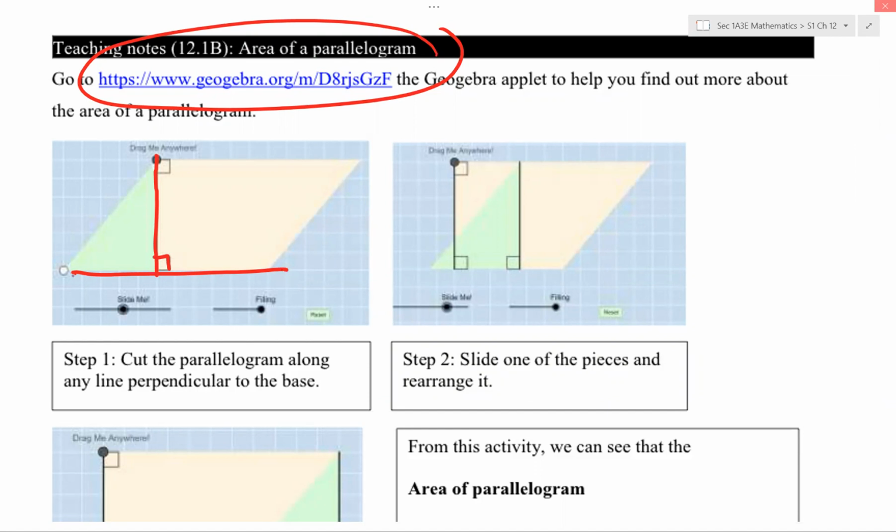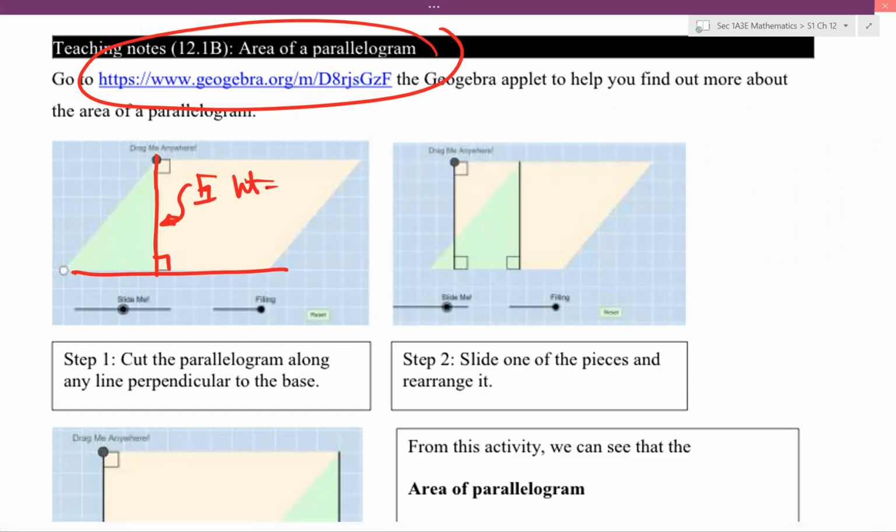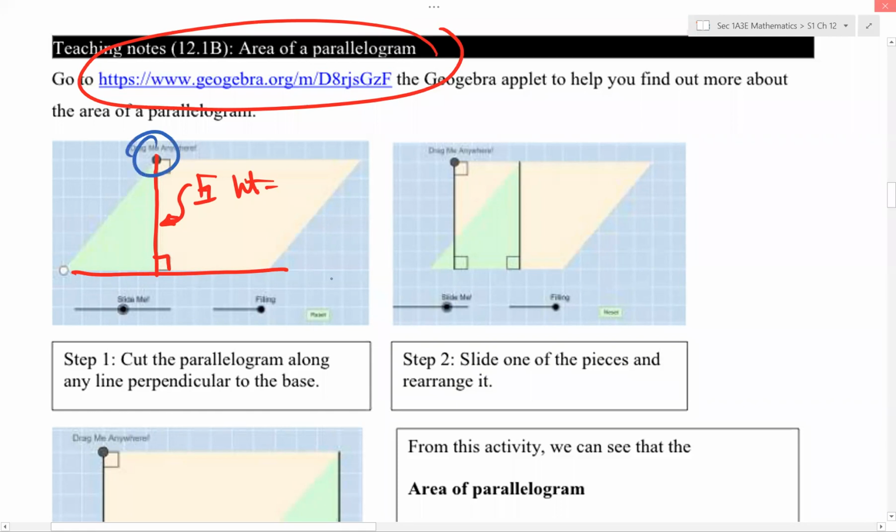Now, if I choose the horizontal as the base, this is my perpendicular height. Same thing. Once you decide where the base is, the opposite point that is not being used, in this case, we have 2 points. We have 1 point over here, we've got 1 point over here. You can choose any one of them. Choose the point that is not used.